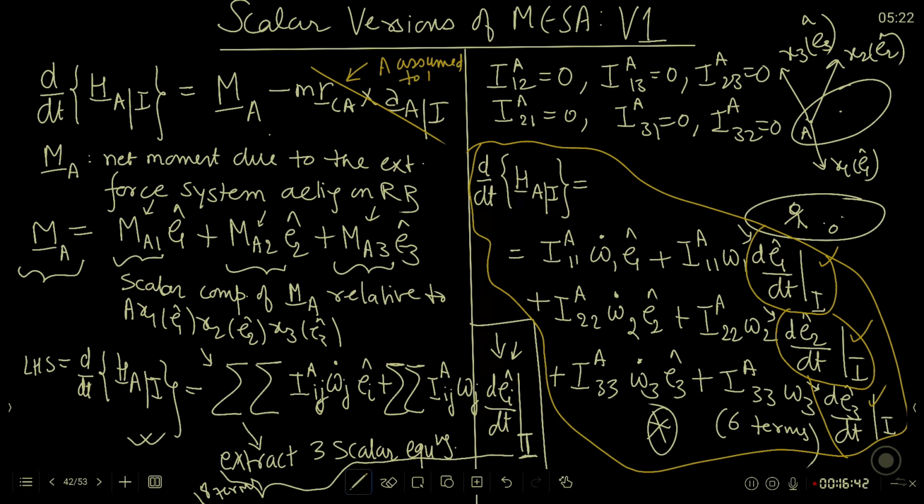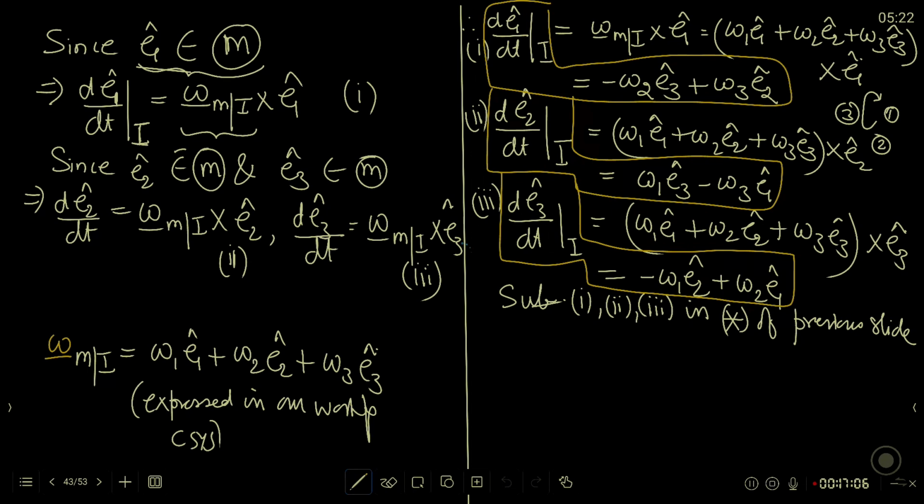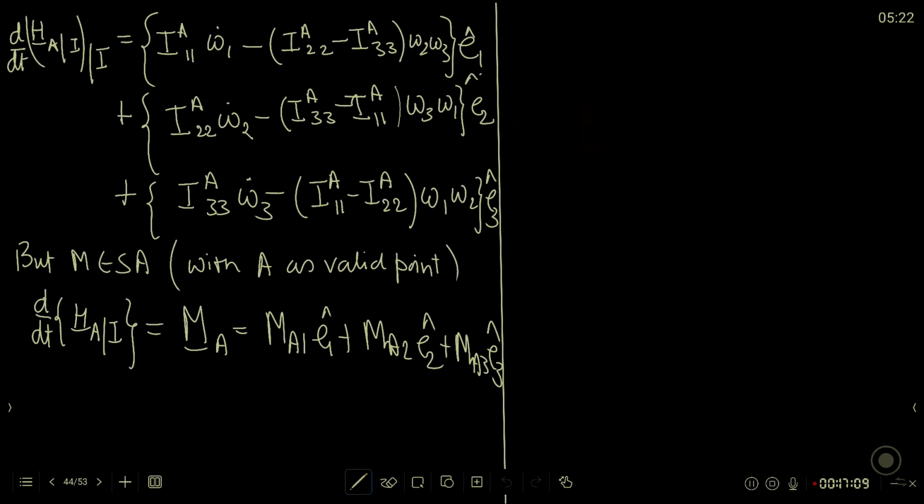So with A as a valid point, the right hand side was simply MA vector, which I chose to write in the working coordinate system. I had MA1 E1, MA2 E2, MA3 E3. So that is what I am isolating now. So if I call this as 4 and this as 5, 4 and 5 give me 3 scalar equations.